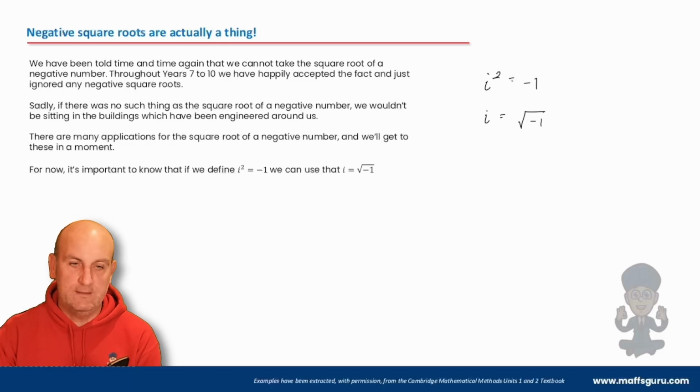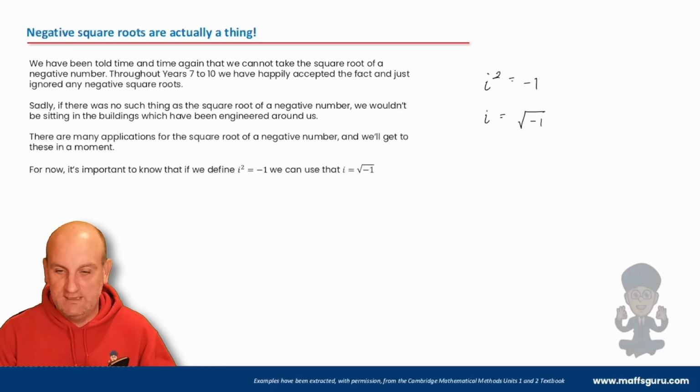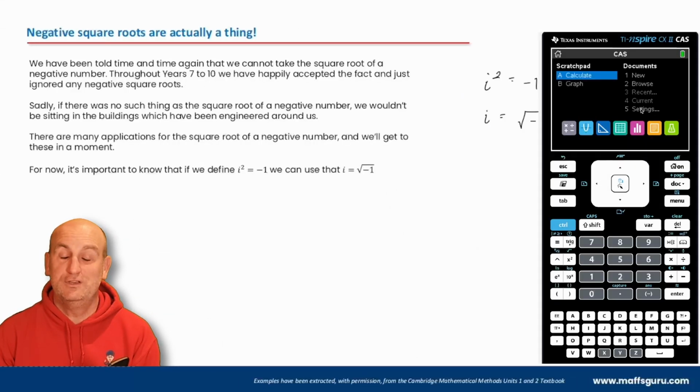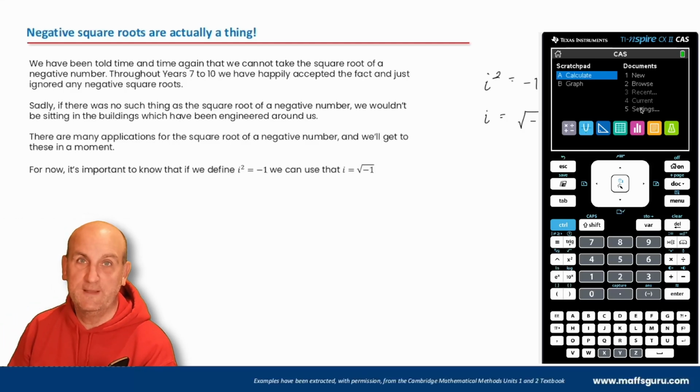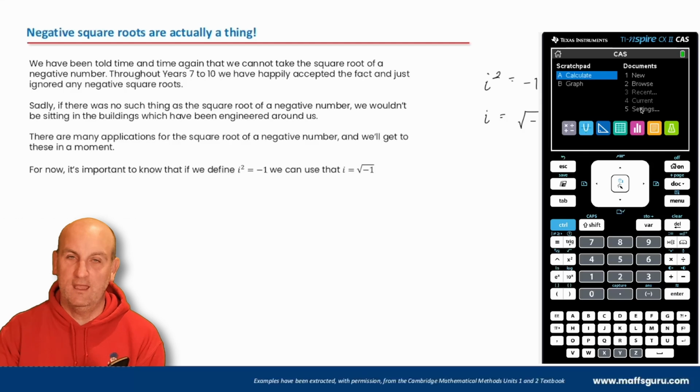Now, that's a very important letter, and you can't just type the letter i on a calculator. Unfortunately, it has to be very specific. Now, if I bring up my calculator, and as usual, my deepest apologies to the ClassPad users, in fact your i is much easier to find on the ClassPad. I've only got access to my Texas at this moment in time.